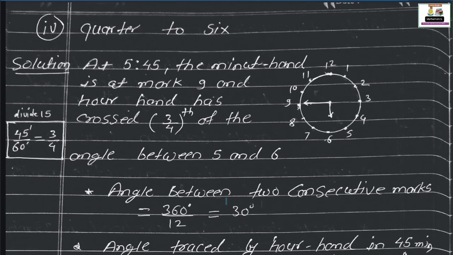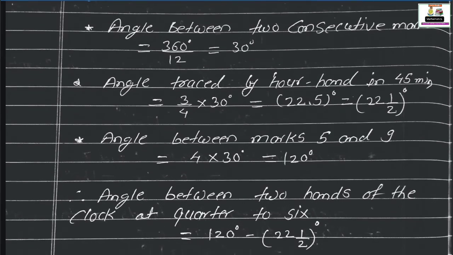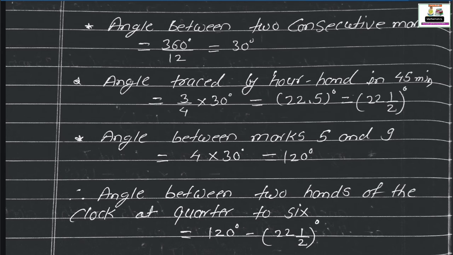The angle between two consecutive marks is 30 degrees. Next, the angle traced by the hour hand in 45 minutes is 3/4 into 30, we get 22.5 degrees.